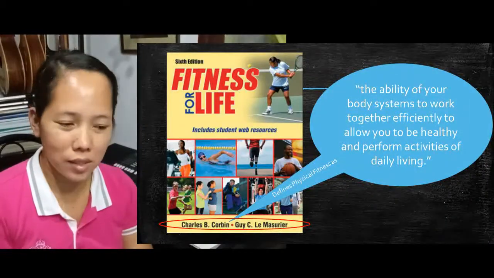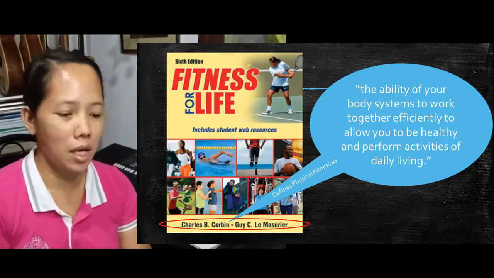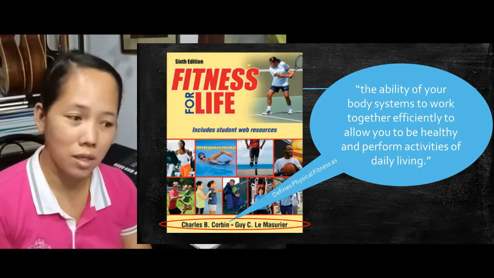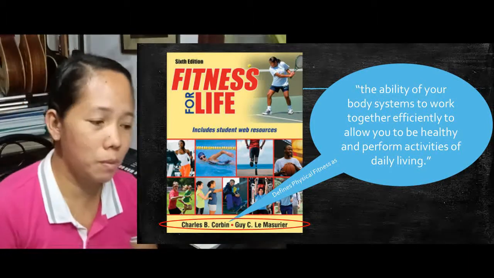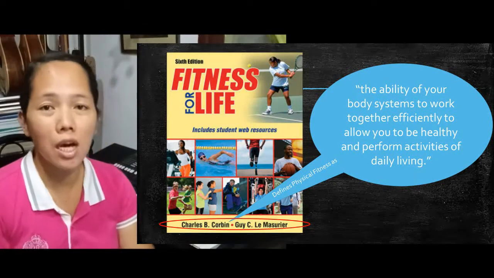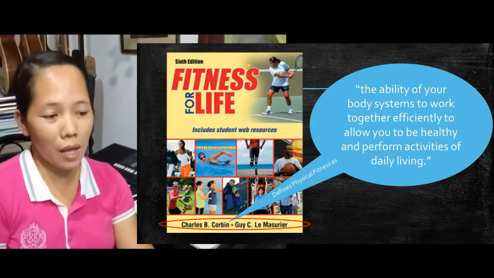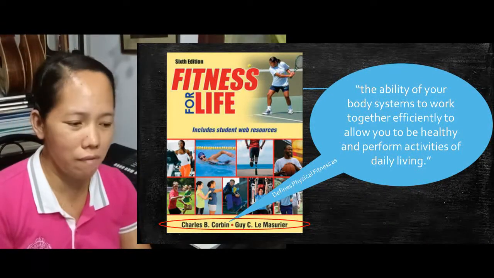According to these authors of one of our references, Corbin and Mashurir, they describe physical fitness as the ability of your body systems to work together efficiently to allow you to be healthy and perform activities of daily living.